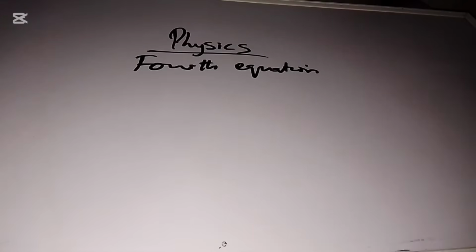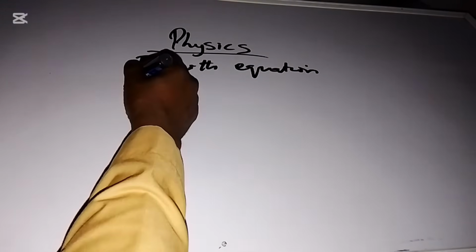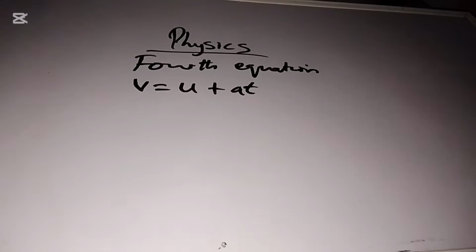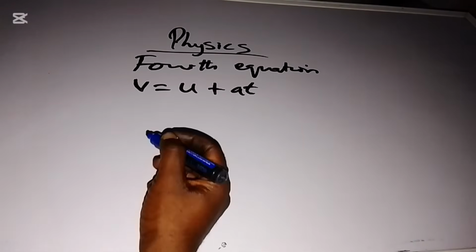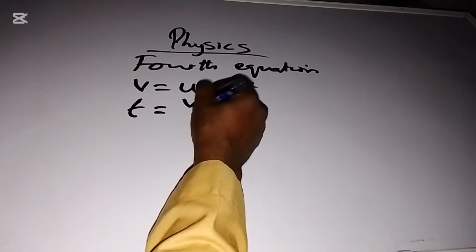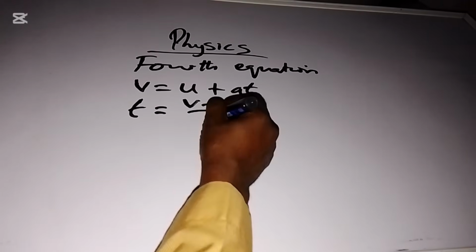Now for the fourth equation, that's the last one. Let's bring down our first equation, which is v is equal to u plus at. In this case, you make t the subject. You get that t is equal to v minus u over a.